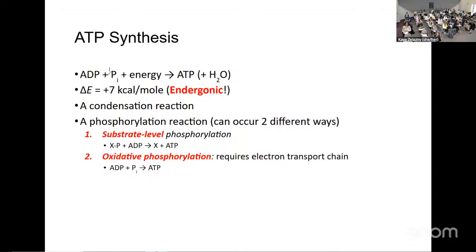Phosphorylation is referring to the fact that we're adding a phosphate group. So when we add a phosphate group, that's phosphorylation. And we do it in 2 different ways in this process of aerobic cellular respiration. So not only do we conceptually have 2 ways we can do it, we actually do it both ways in our bodies all the time.